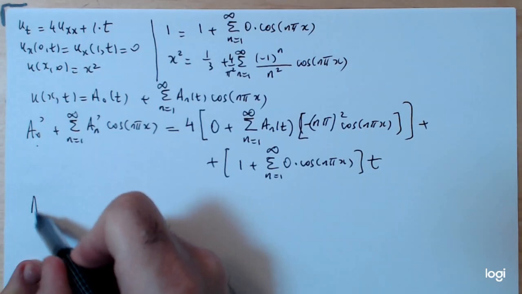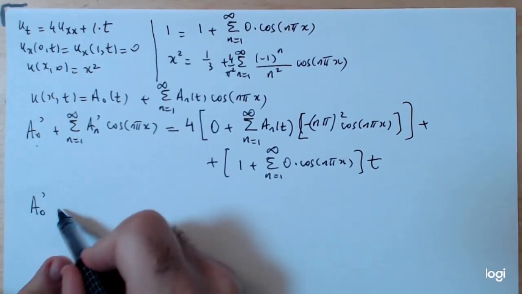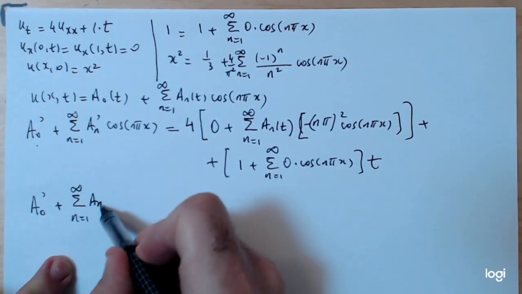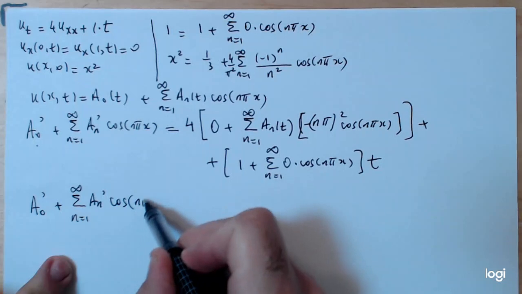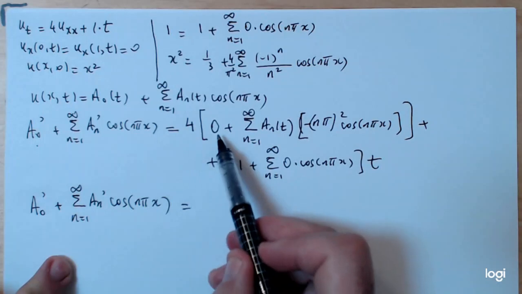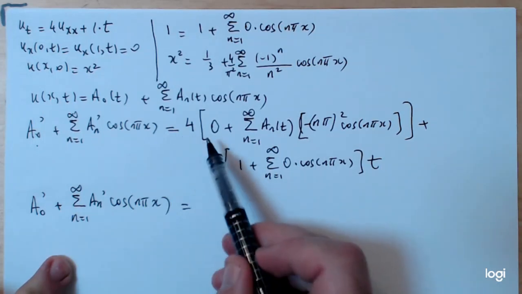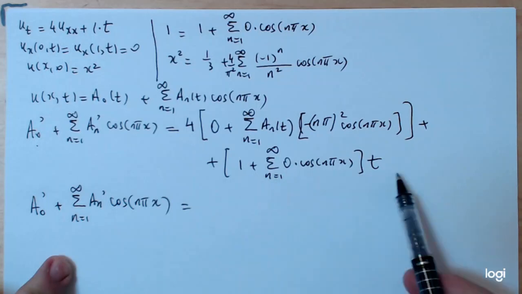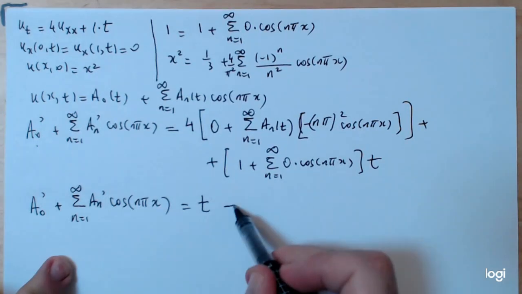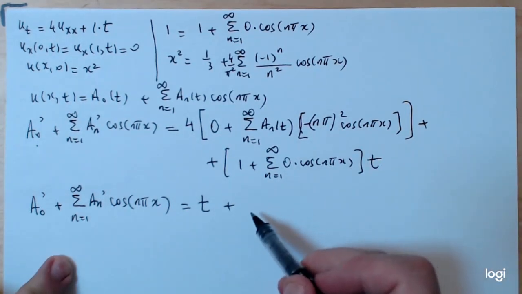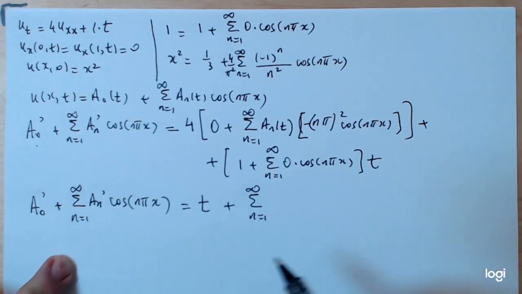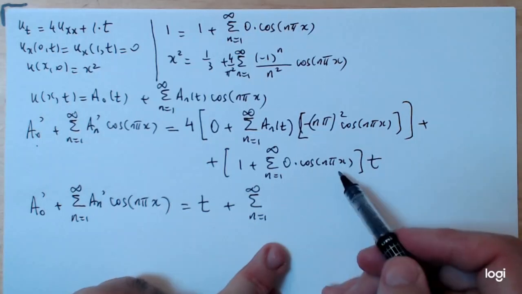So a naught prime plus summation from 1 to infinity a n prime cosine of n pi x. Outside the summation here is just 0, so there's nothing else to write, 4 times 0. But here I have 1 times t that comes out of the summation. And let's put these two sums together. Summation from 1 to infinity. We can pull cosine of n pi x.